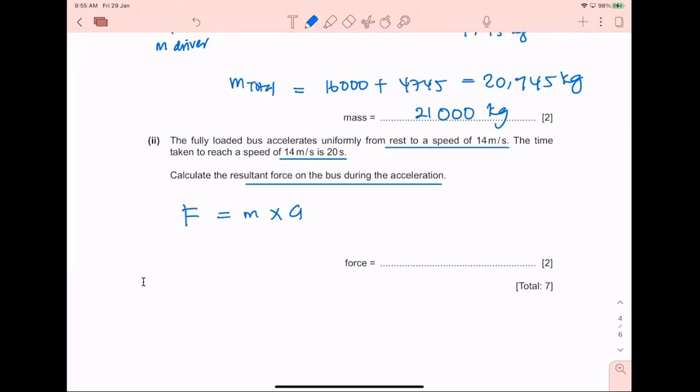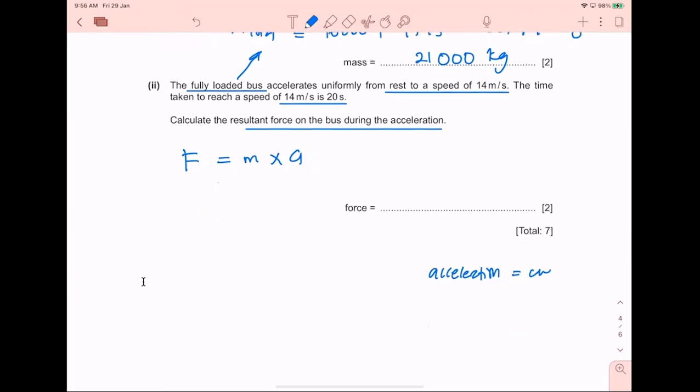Okay, so you know already that for the resultant force during the acceleration with the fully loaded bus, the mass is the total mass. Okay, so let us see the acceleration in here. So what is the acceleration formula? Let us recap.